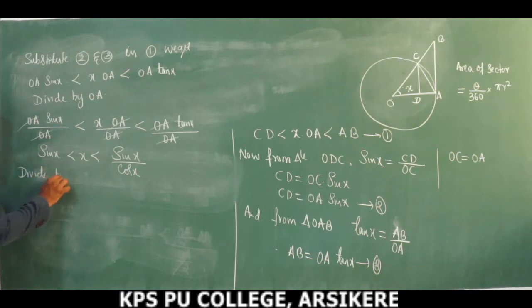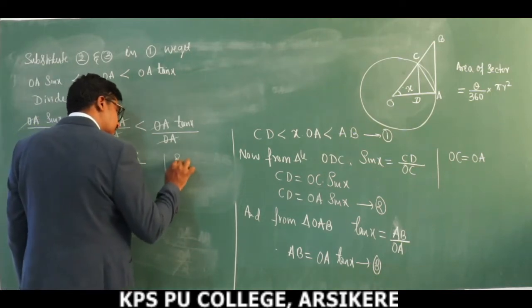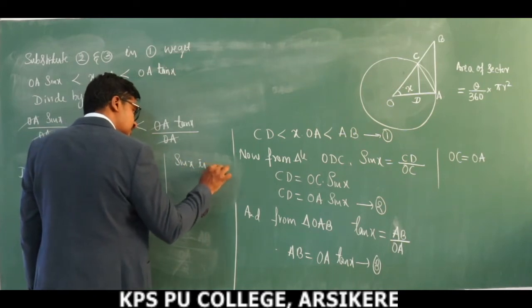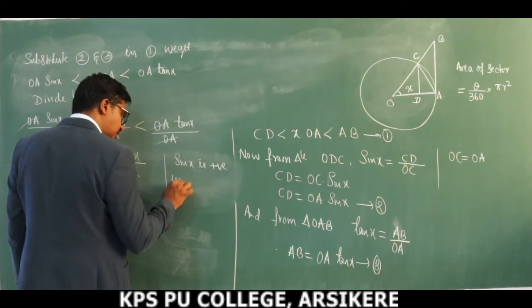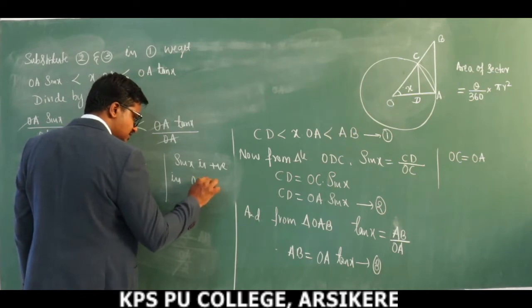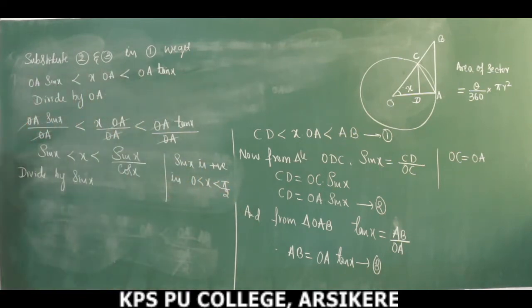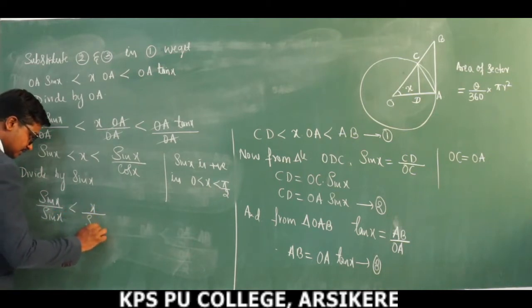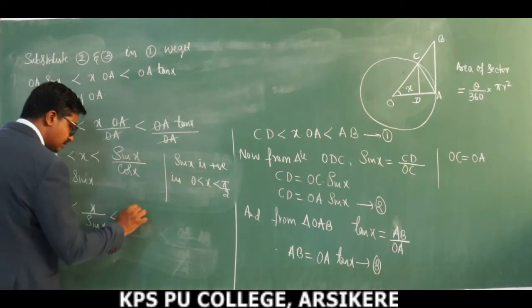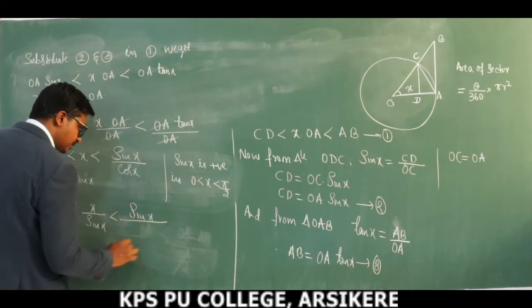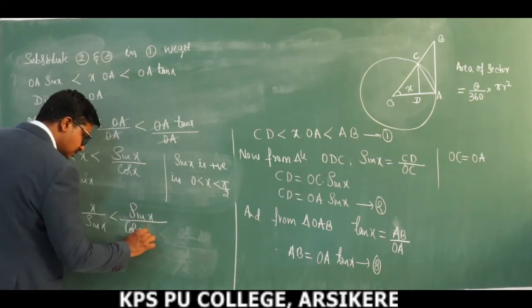Divide by sin x. Sin x is positive in 0 less than x less than pi by 2. So here what we are left with is sin x divided by sin x less than x divided by sin x less than sin x divided by cos x into sin x.